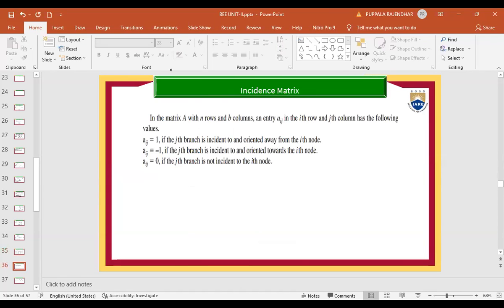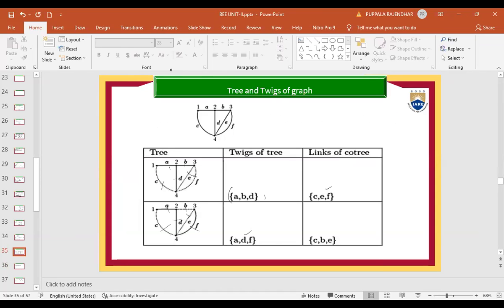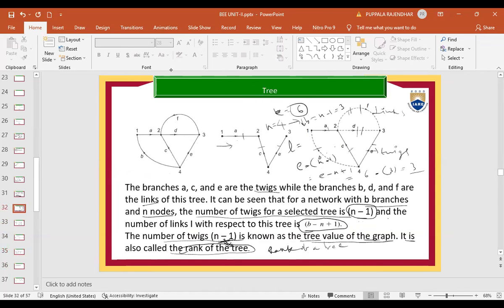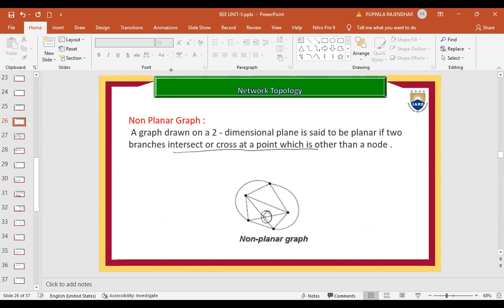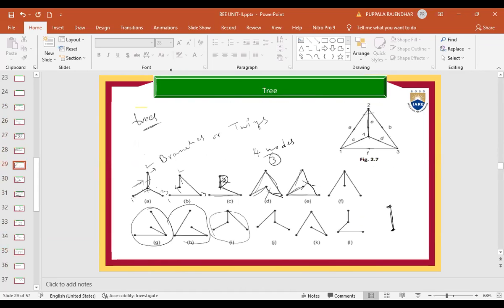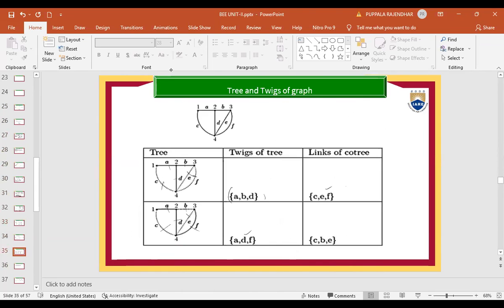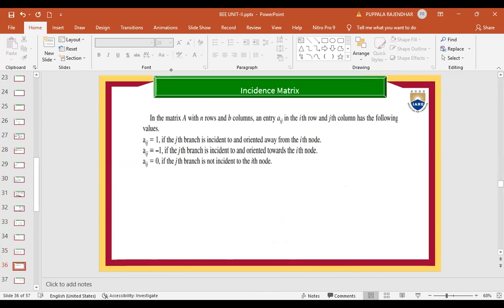We'll discuss the incidence matrix. Here we are taking directions, an oriented graph. A random direction I have considered for this graph.